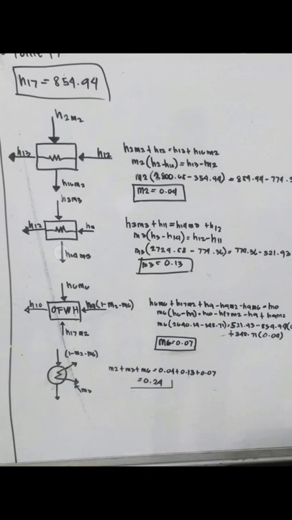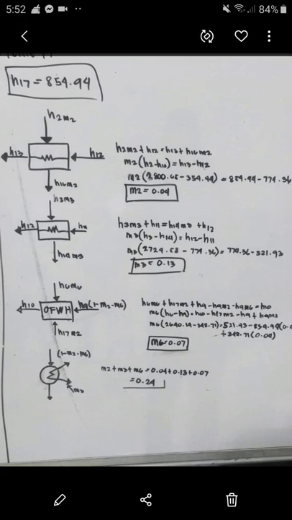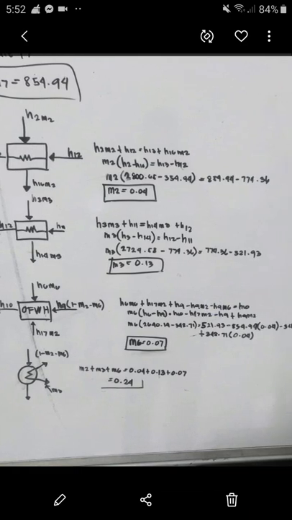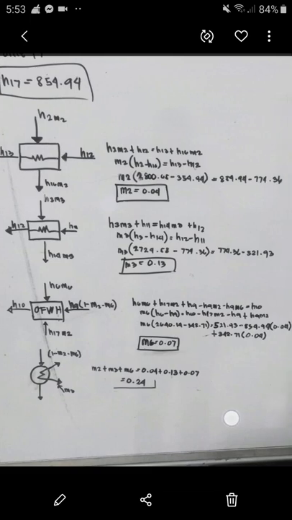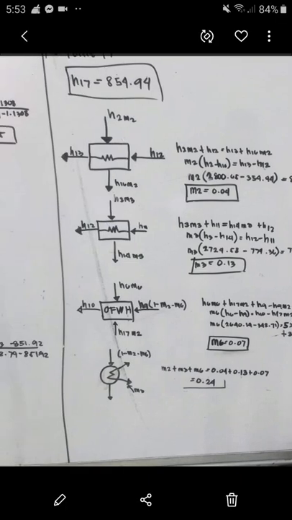So substitute all the givens. So we have the mass 3 is equal to 0.13.